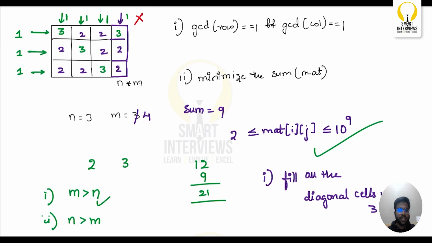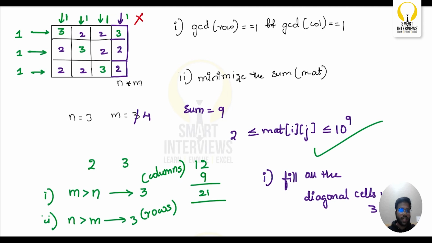If this is the case, we know how to handle it. We'll be iterating on the extra columns and filling at least one cell as 3. Here we need to iterate on the extra columns, and here we need to iterate on the extra rows, and we'll be filling at least one cell in all the leftover rows with 3.